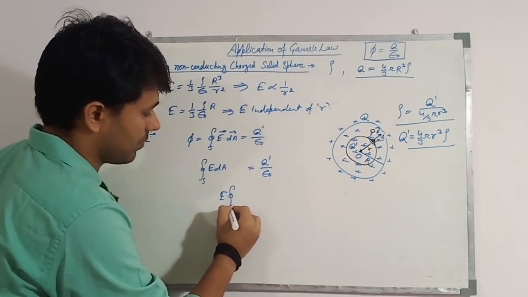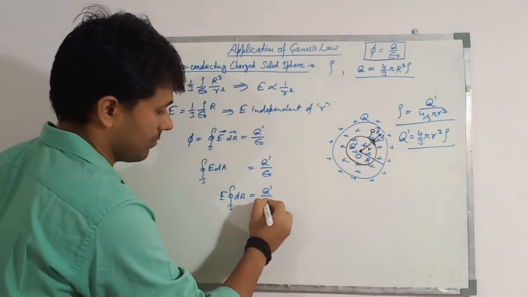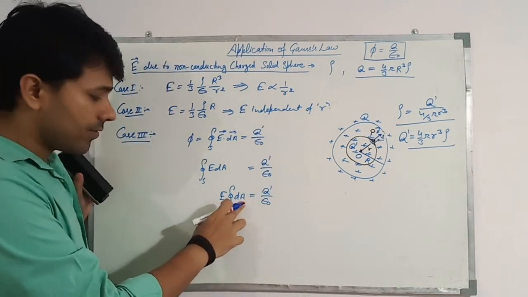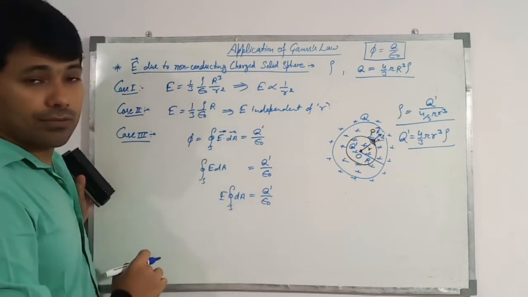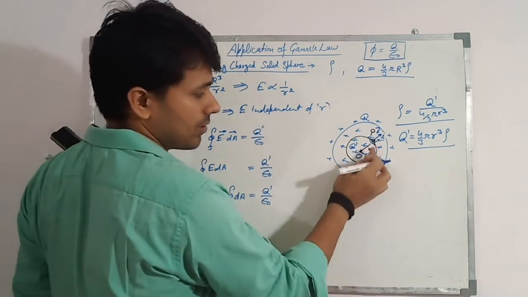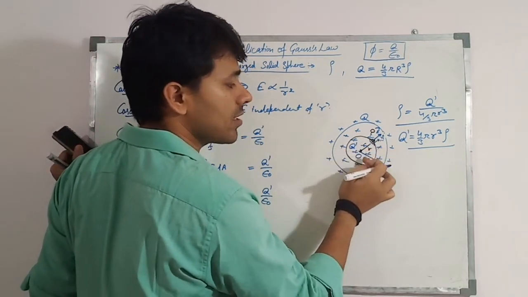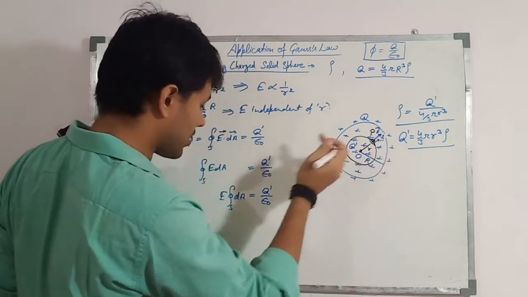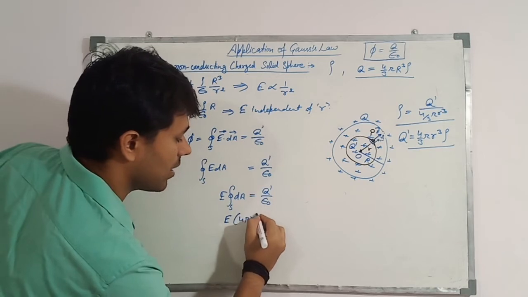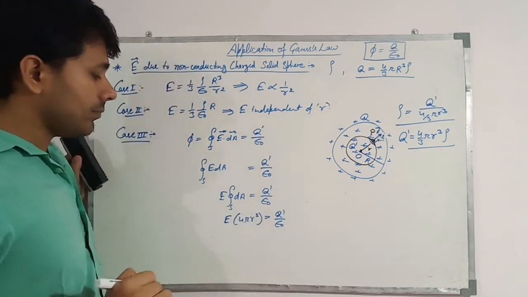So E closed surface dA is equal to Q dash upon epsilon naught. The integration of dA over the closed surface means the total surface area of the Gaussian surface, which has radius r, so E into 4 pi small r square is equal to Q dash upon epsilon naught.